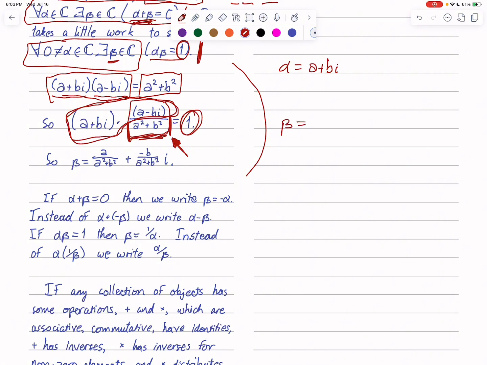Well, actually, I won't write it here because I've already written it here. Let's write it in terms of its real part and its imaginary part so that we're very explicit about that. The real part is a over a squared plus b squared, and the imaginary part is negative b over a squared plus b squared.